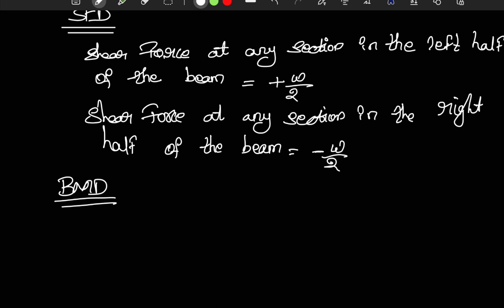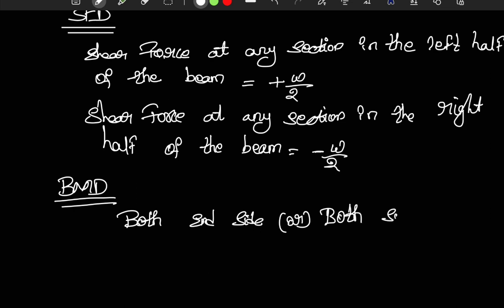In the bending moment diagram, for a simply supported beam, both end sides, or both supports, are 0.